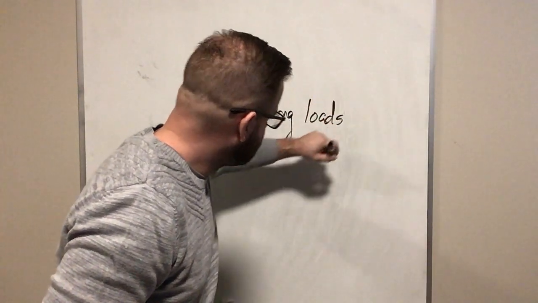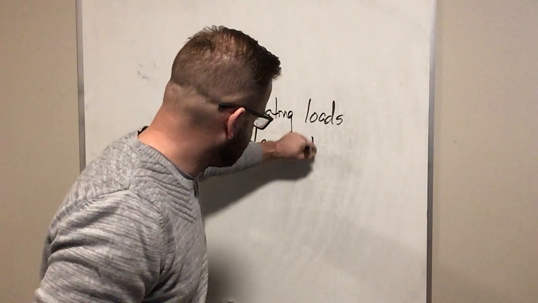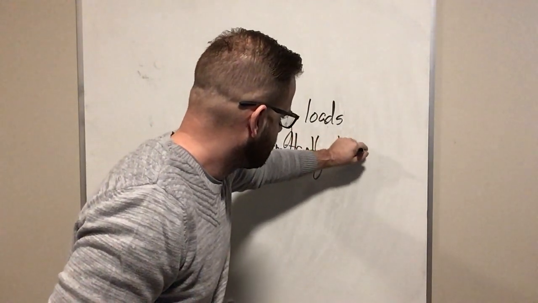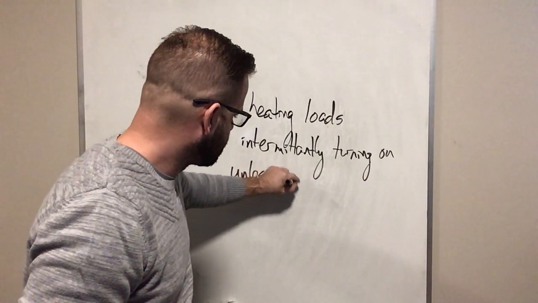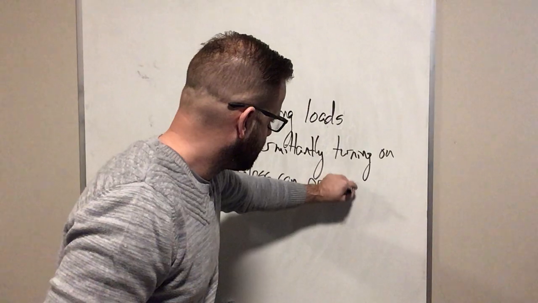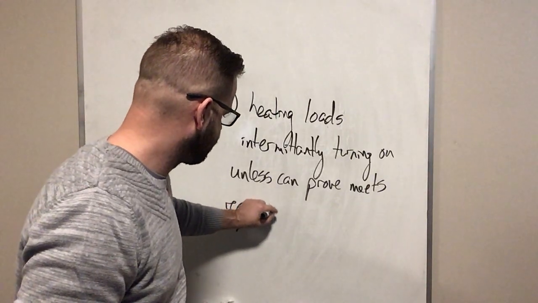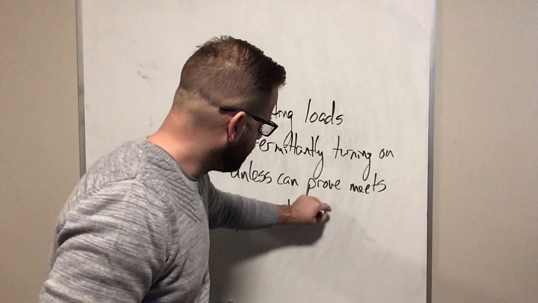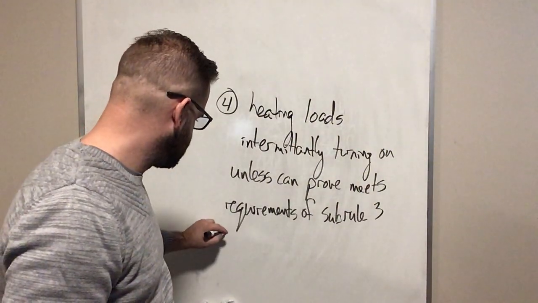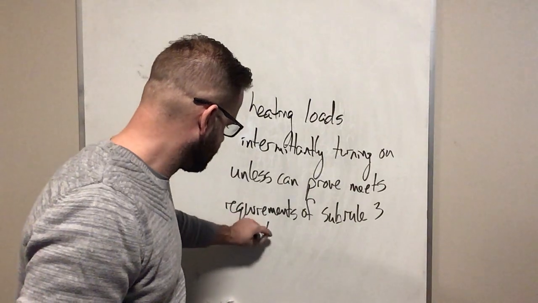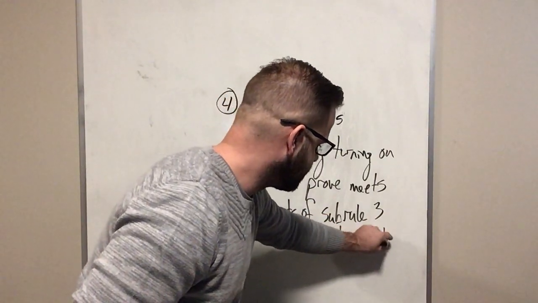Heating loads intermittently turning on, unless you can prove it meets the requirements of sub-rule 3, need to be viewed as a continuous load.